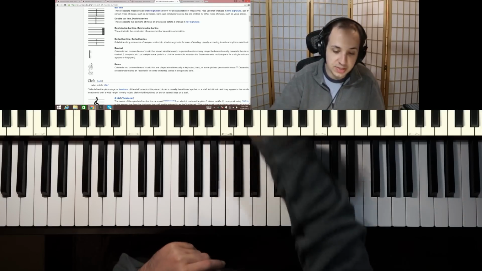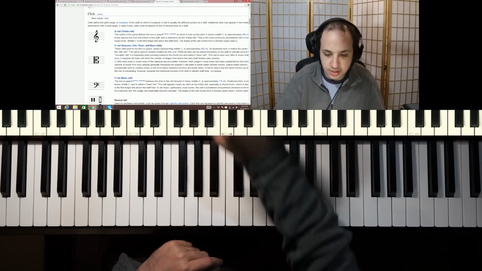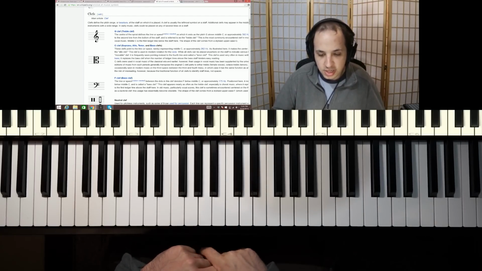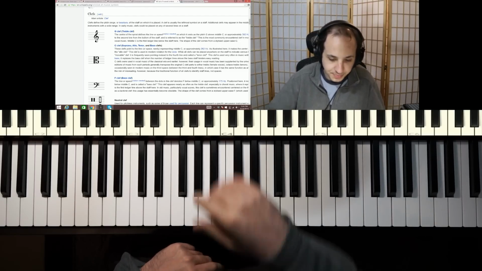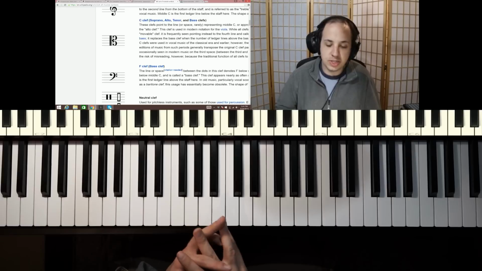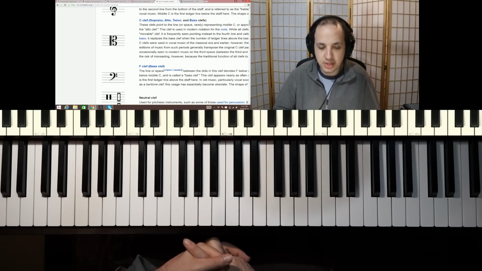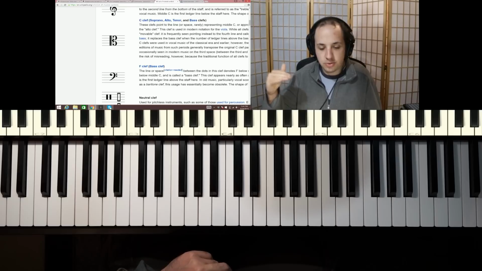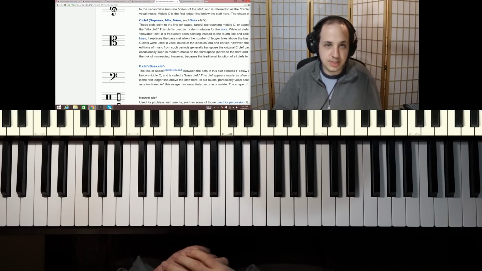You have your brace that connects your treble clef and your bass clef. And then you have your alto clef. Also, the C clef is really the soprano, alto, tenor, or bass, and it's this weird looking 3 thing. But basically, whatever note is right in the middle of that is C. That's how it works.